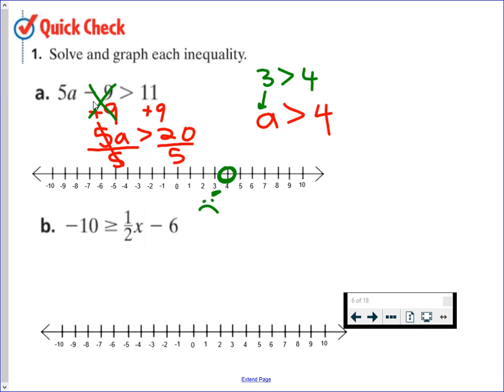If we don't want to go left, then we must want to go right. Like maybe 10. Is 10 greater than 4? So if you pick wrong, and when I say wrong, I don't mean wrong, if you pick wrong the first time, like 3 didn't work, no big deal. Just draw your arrow the other way.